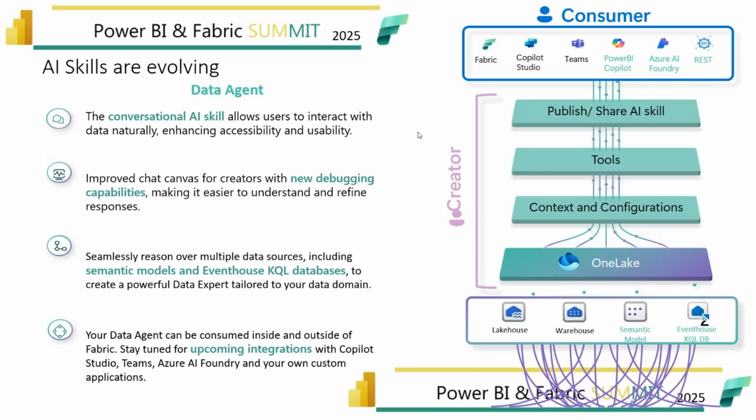I can expose that to Microsoft Teams. I can expose this to Power BI Copilot. I can expose this to Azure AI Foundry or via REST API. So what is coming in the roadmap is amazing in terms of how much you can consume the powerful insights out of these AI skills.